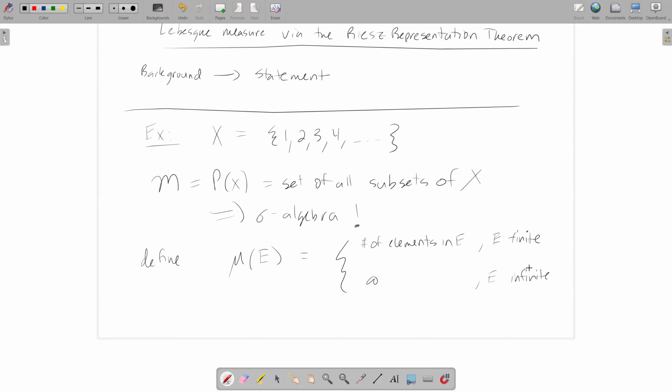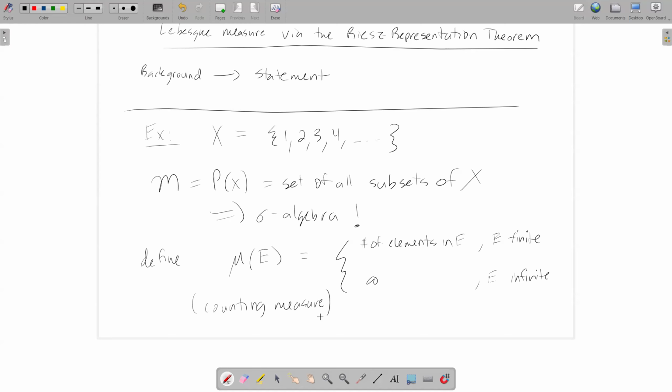Okay, so this is known as the counting measure. It's a little bit of a trivial measure, but it is a measure.